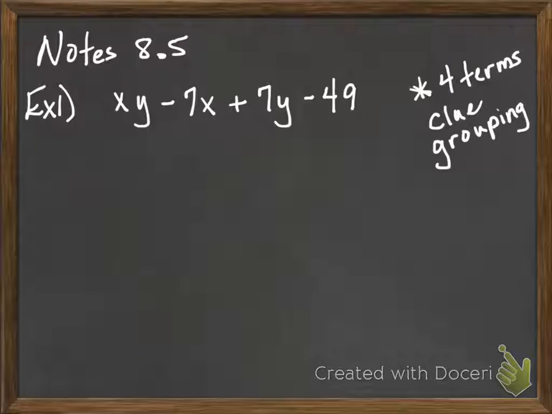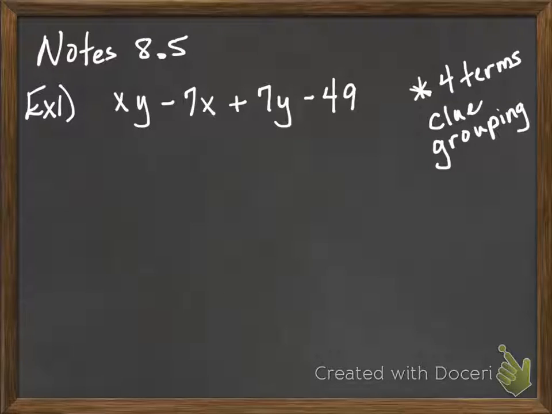When you have 4 terms and you check to see if there is a greatest common factor among all 4 terms, and there's not, then that probably means that we're going to have to do factoring by grouping. So the 4 terms is a clue that it may be grouping.